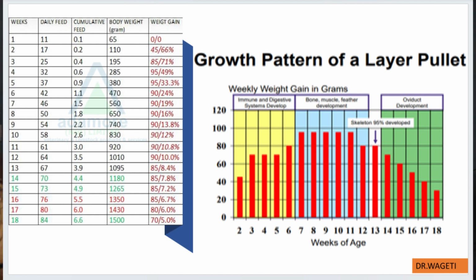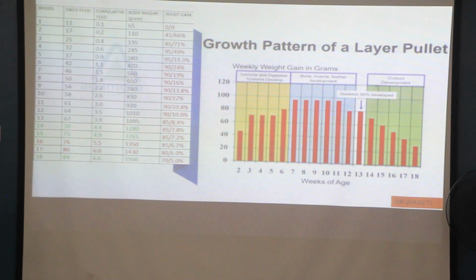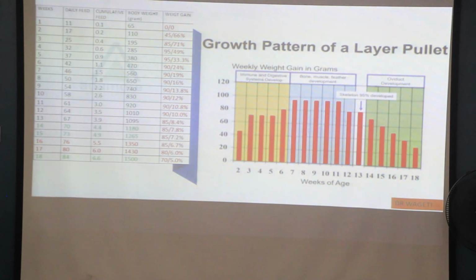We are going to do this now before we go to the main layer stage, just to prepare our mind. Look here. This is the body weight. Anytime you take day-old chicks, make sure you weigh them every week.